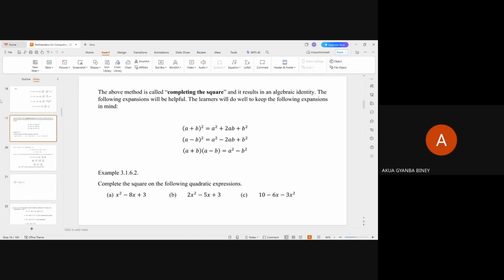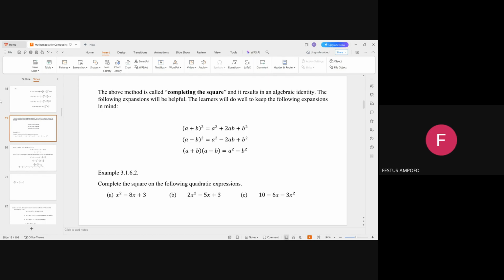Okay, please go ahead. So first of all, we will write the main equation and equate it to the one I will be saying. So the main equation will be 10 minus 6x minus 3x squared equals 10 minus 3.